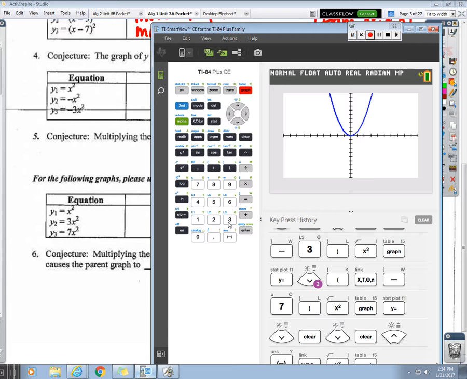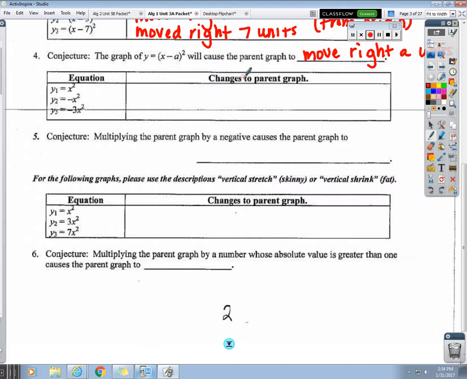And what does that do to the graph? It flips it or reflects it, correct? So it flips it, or you could call reflects, over the x-axis. Because didn't it flip it like over the x-axis?